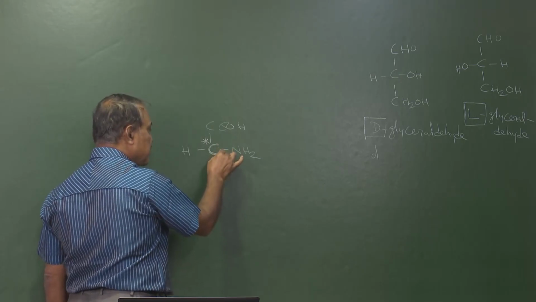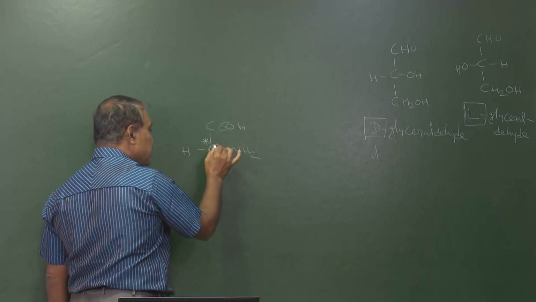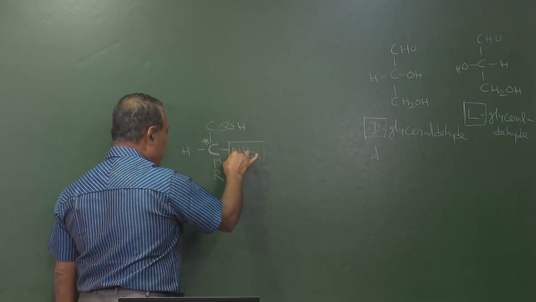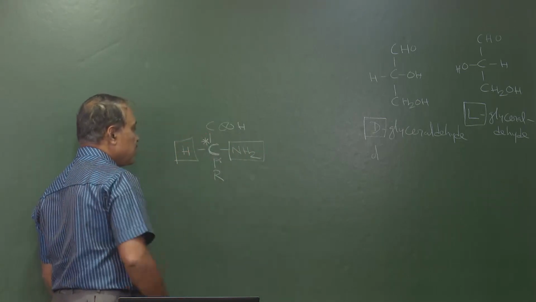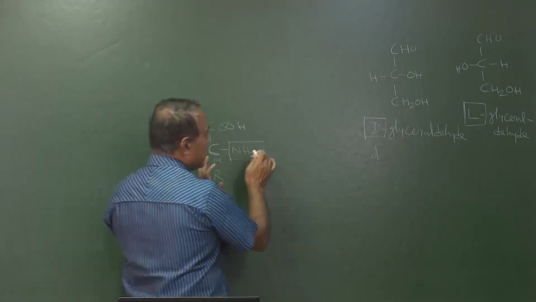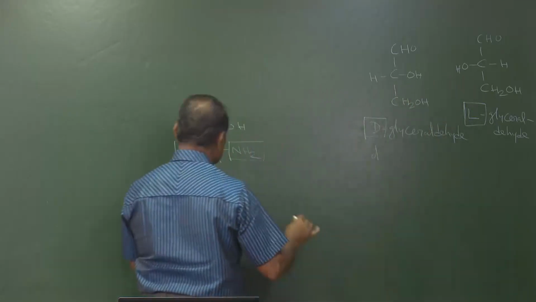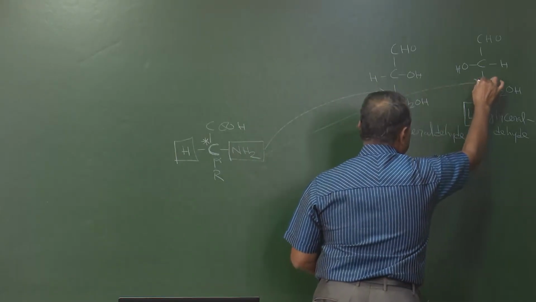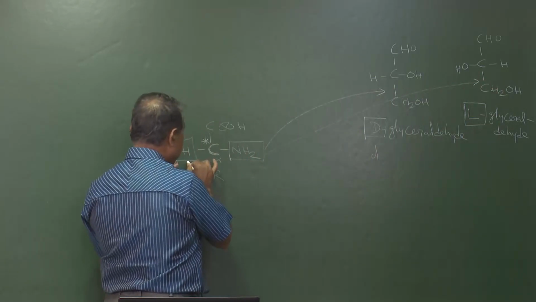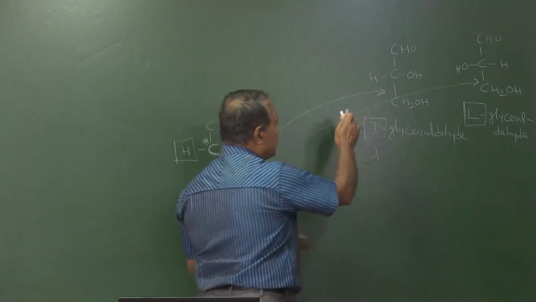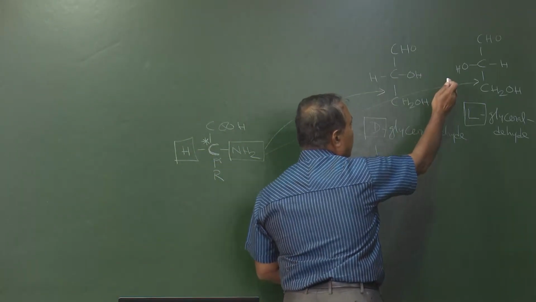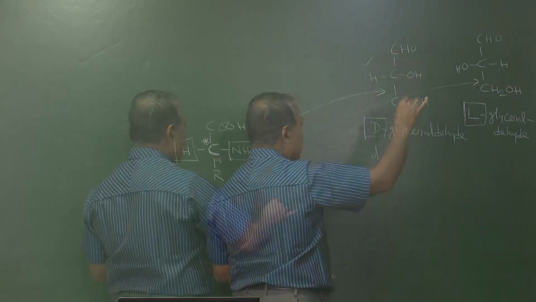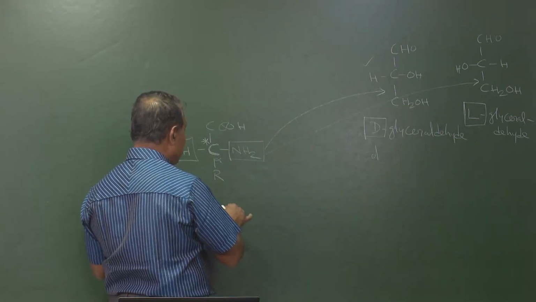This alpha carbon is asymmetric, and if we check the position of the NH2 amino group and the hydrogen, then we can say whether it is similar to this one or this one. As it is HCNH2, like HCOH or OHCH, it is definitely similar to this one. If it is, then we will call it D amino acid.